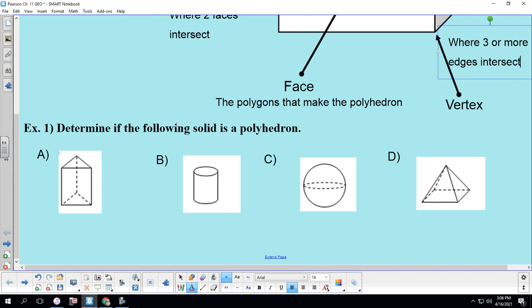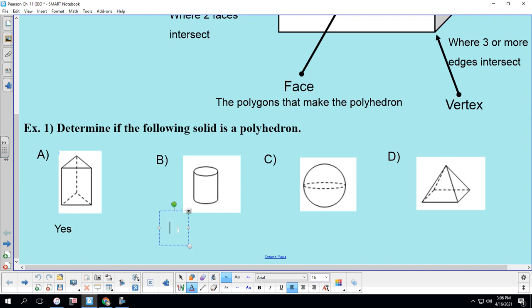Determine if the following solid is a polyhedron. So we're going to look at A. The requirement is that the sides are made up of polygons. So we're just going to say, are all these faces polygons? And the answer is yes. We look at B. Are the sides polygons?